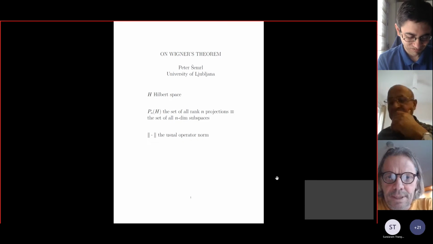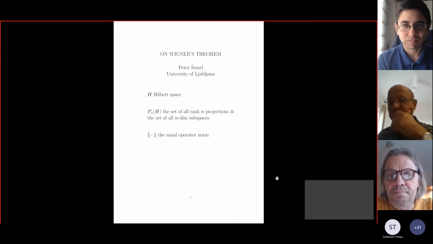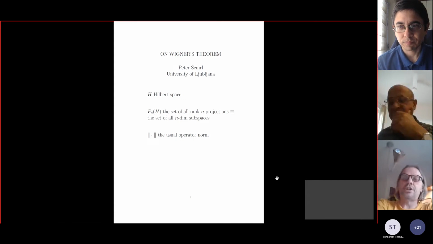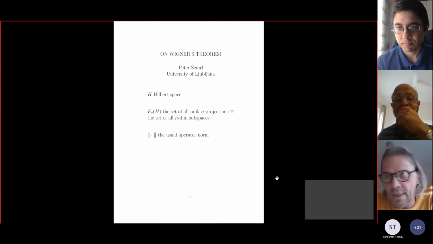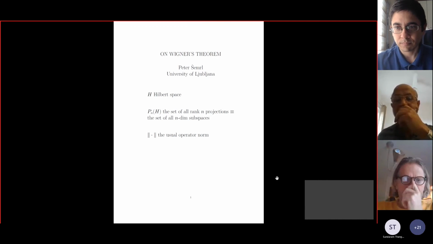So H will be a Hilbert space, and then by P_n(H), I will denote the set of projections of rank n. A projection means a self-adjoint bounded idempotent, which means that you have image and kernel and they are orthogonal. If it is of rank n, it means that the image is n-dimensional.